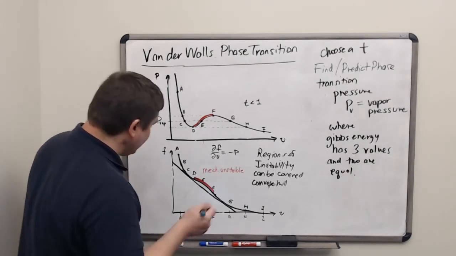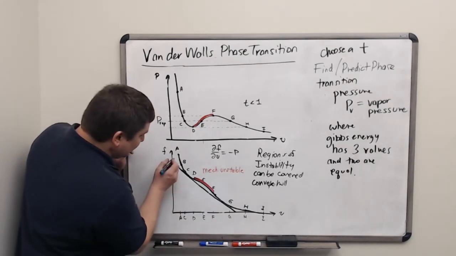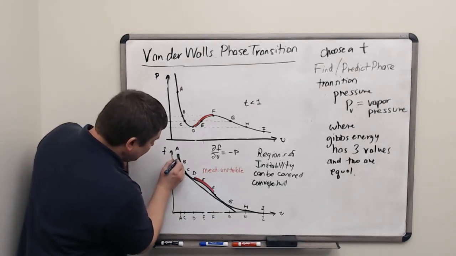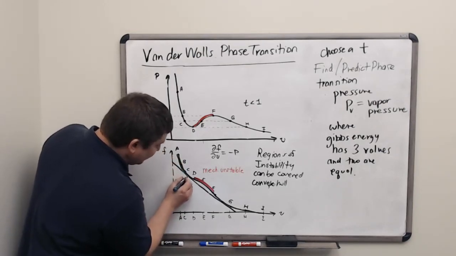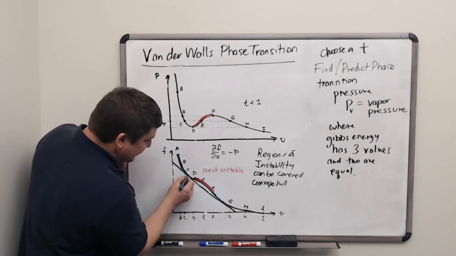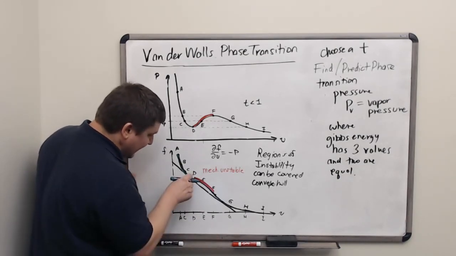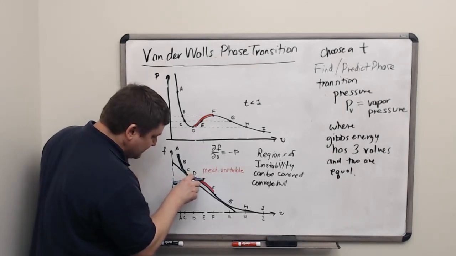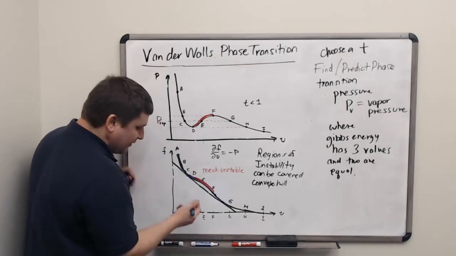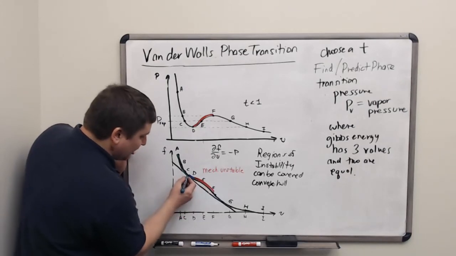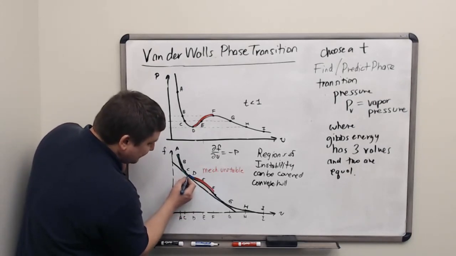So our system, if it was taken along a trip, would come down here. At point D, it would think, well, I could stay metastable and have this slightly higher Helmholtz energy. That might be okay for a while. Eventually, I would get unstable, though. But what I could do also is I could just start forming some gas, right?